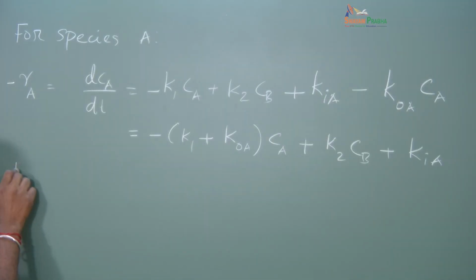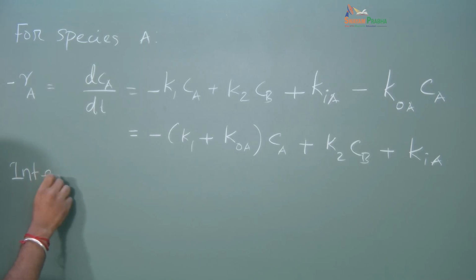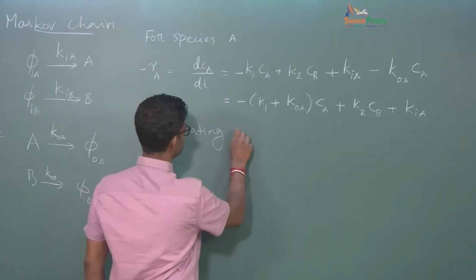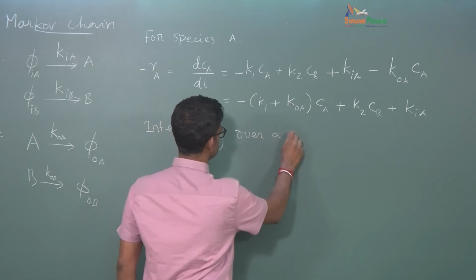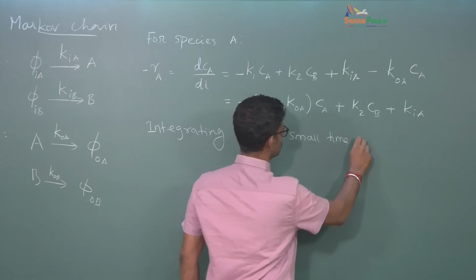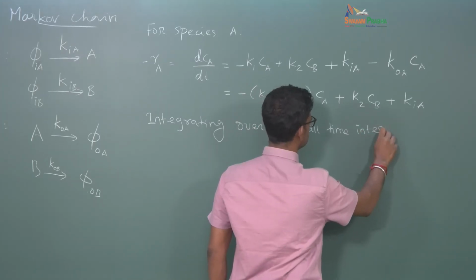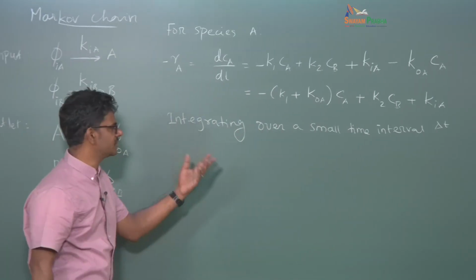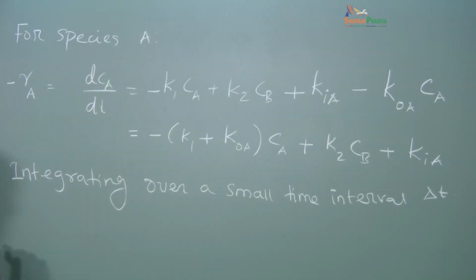Now we will integrate this equation over a small time delta t. Again, time is discretized like before.